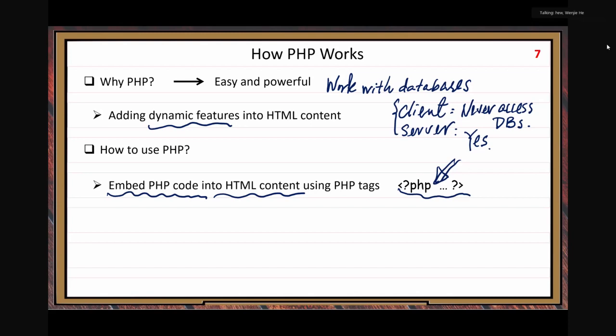All right. So then, to use PHP, we write PHP code and embed it inside HTML. So we start with an HTML file. When we start, usually we start with an HTML page.